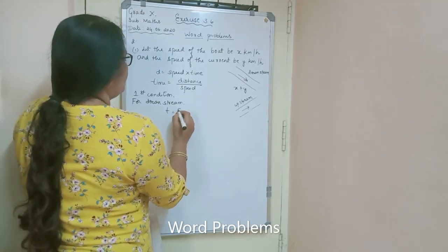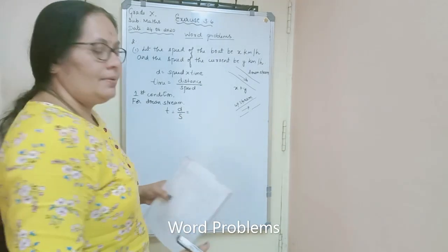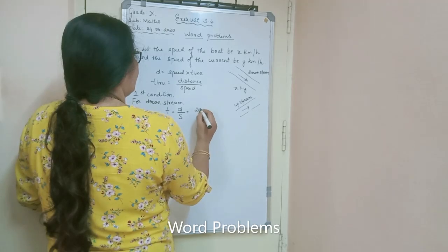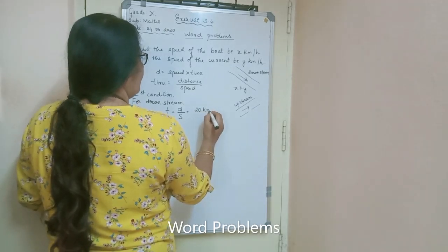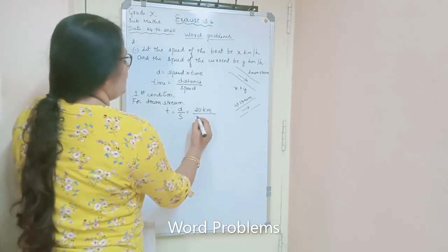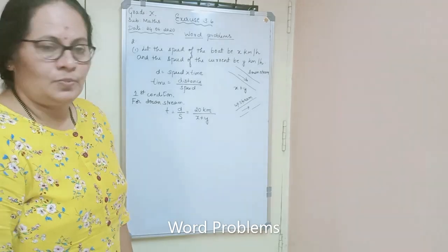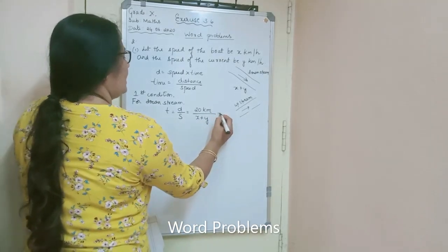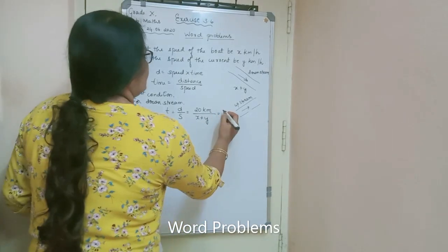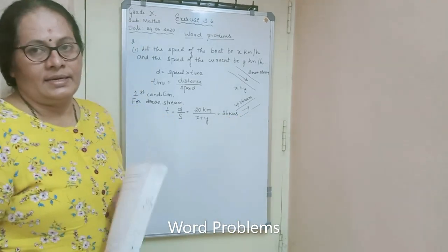Time is distance upon speed. What is the distance traveled here? 20 kilometer, and the speed is x plus y. Time taken is 2 hours. This is the first condition.